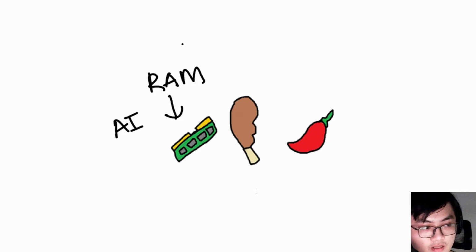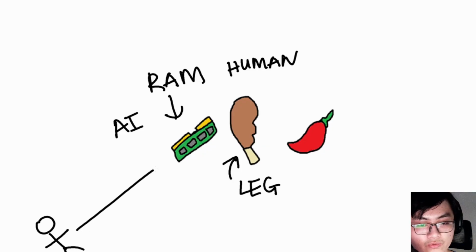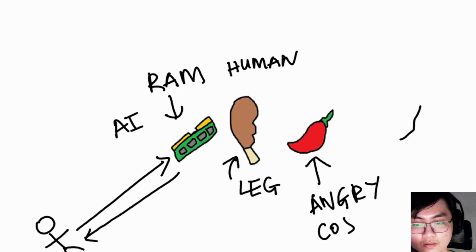And next is the chicken leg, which is the reason for the cost of human power. And when a human uses AI and the AI returns a bad response, we will be very angry, so this will count as a cost. So I use the hot chili pepper as the angry cost.